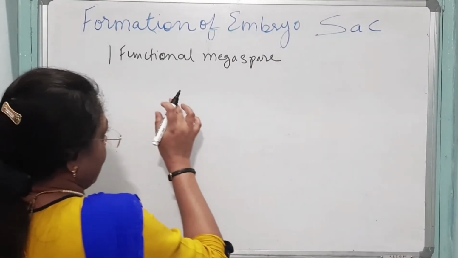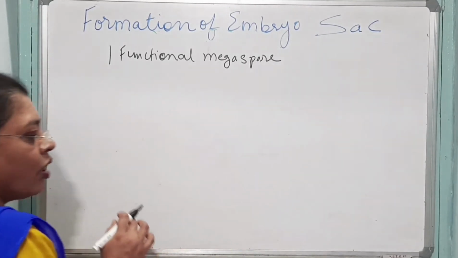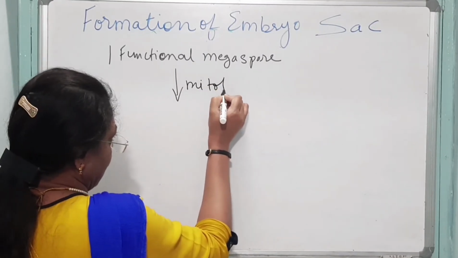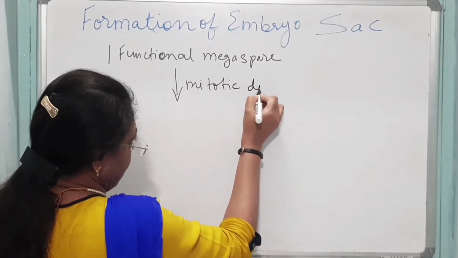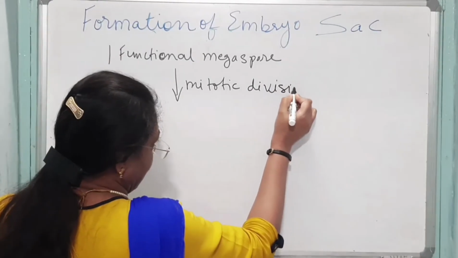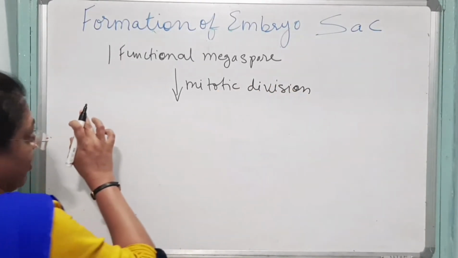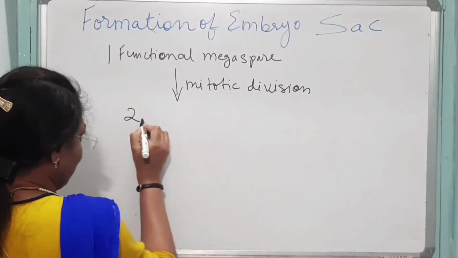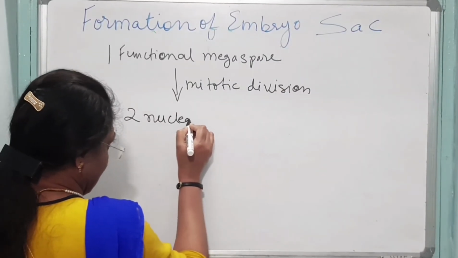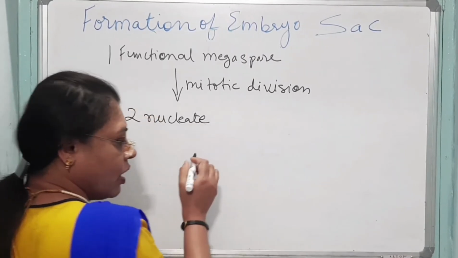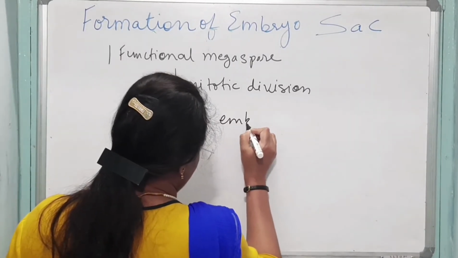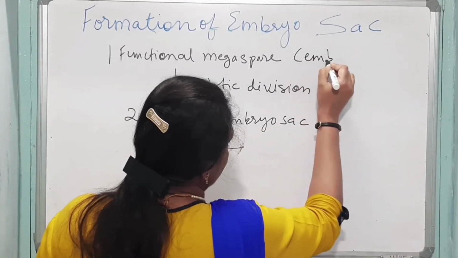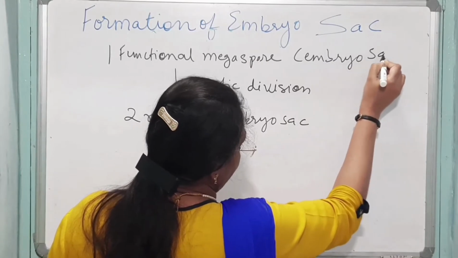This functional megaspore undergoes mitotic division, and when it undergoes mitotic division, it gives rise to a 2 nucleated embryo sac.